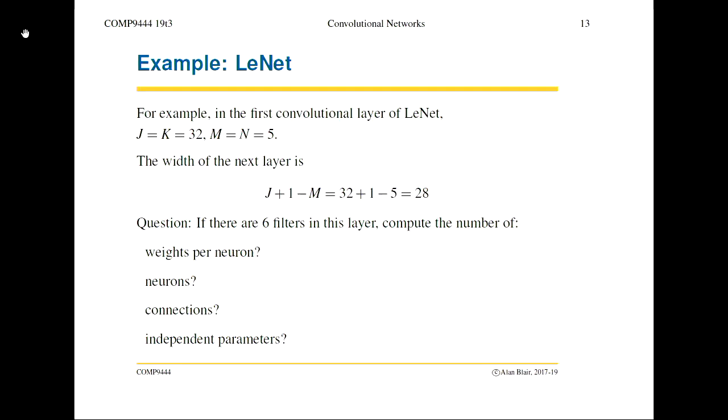In the LeNet architecture, the first convolutional layer, the images were 32 by 32, these CIFAR 10 images, and the size of the filter was 5 by 5. So if you try to figure out the width of the next layer, it's 32 plus 1 minus 5, so it would be 28 by 28. And if there are 6 filters in that layer, we try to compute the number of weights per neuron, the number of neurons, the number of connections, and the number of independent parameters.